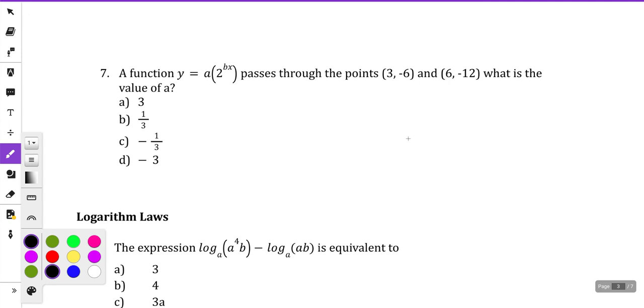So, looking at this equation, I have 2 unknowns. I have an A value and a B value.